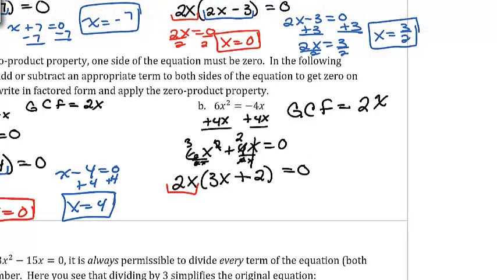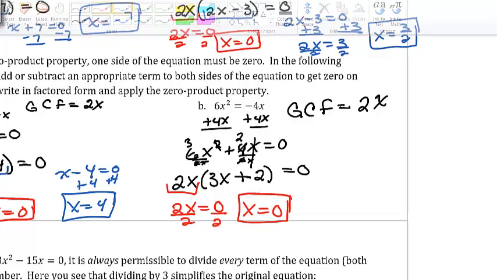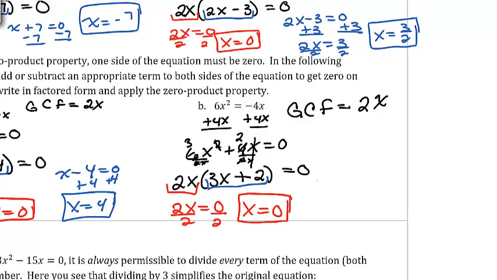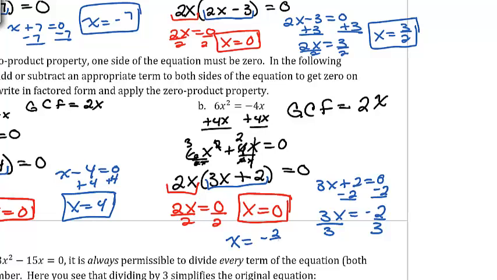Now we're going to take the 2x, set that equal to 0, and we divide by 2, we get x equals 0 as one of our solutions. And now we're going to take 3x plus 2 and set that equal to 0. Subtract the 2 from both sides, and we get 3x equals negative 2. And the last thing to do is divide by 3 on both sides, and it gives us the solution x equals negative 2/3.